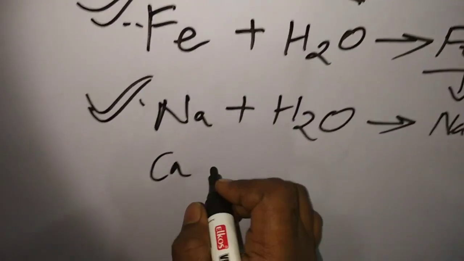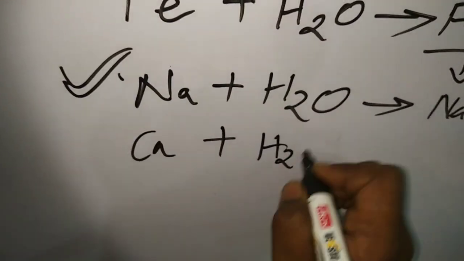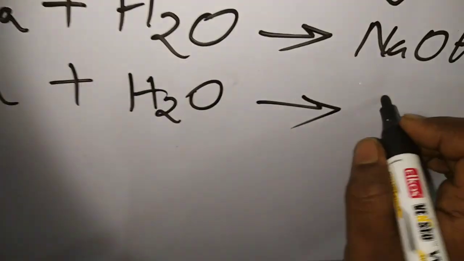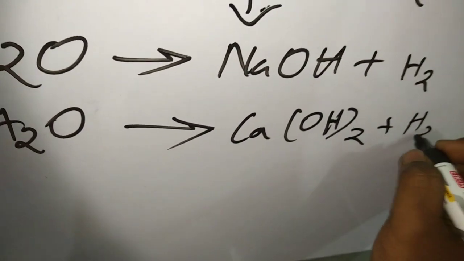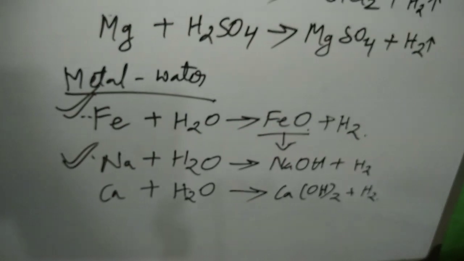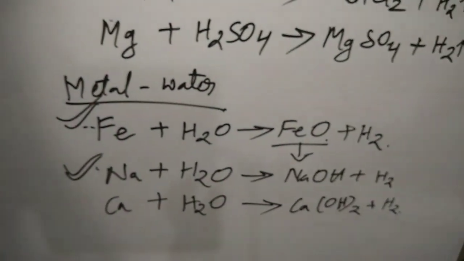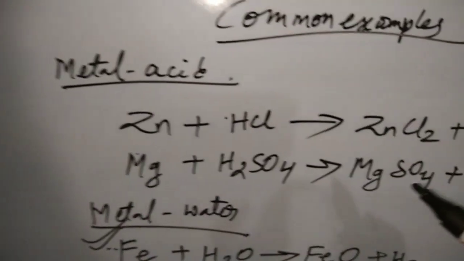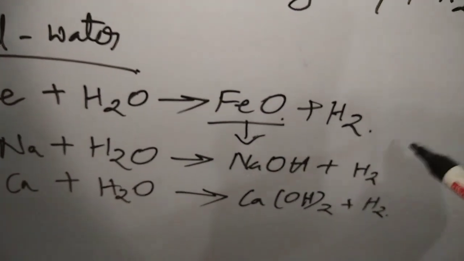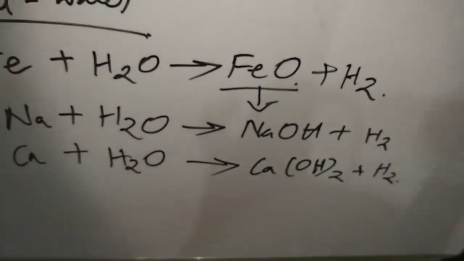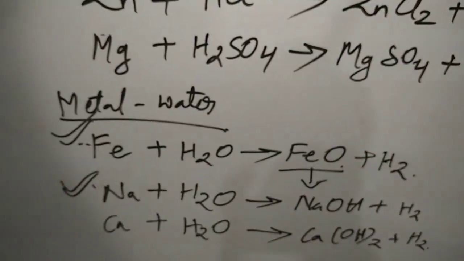Okay students, when calcium reacts with water, it forms calcium hydroxide and hydrogen gas. See, hydrogen gas is common, it will form as a gas. In metal acid also hydrogen gas, in metal water also hydrogen gas, and hydrogen gas is in the gaseous form.